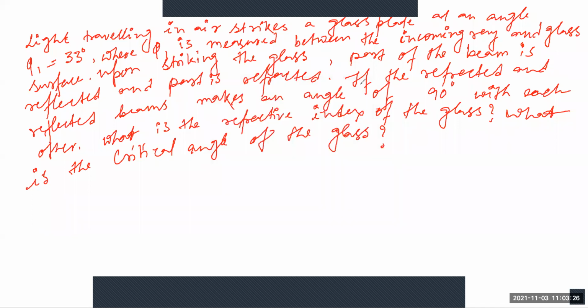So here it is given that phi 1 equals 33 degrees. You wrote this question in your copy. I think when I started to solve this problem, I used the question, or you just take a snapshot. Okay.